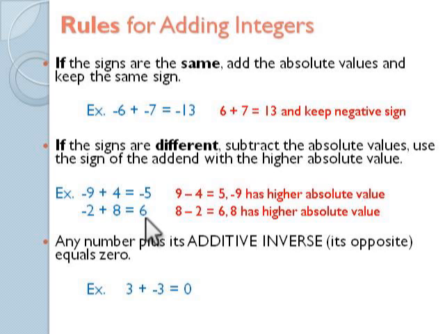Another way to look at this is imagine that you are playing a game on a game board. If you have positive numbers, you're moving forward along the game board. If you have negative numbers, you're moving backward. Remember that we learned that it doesn't matter the order of our addends when we are adding.